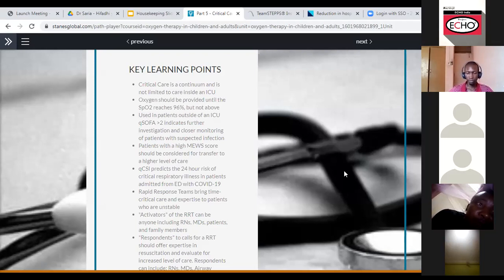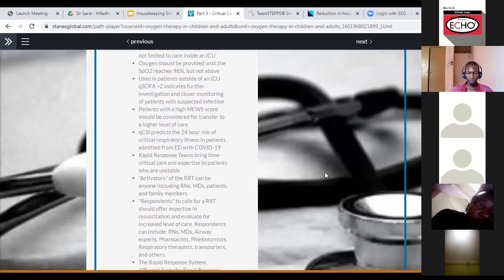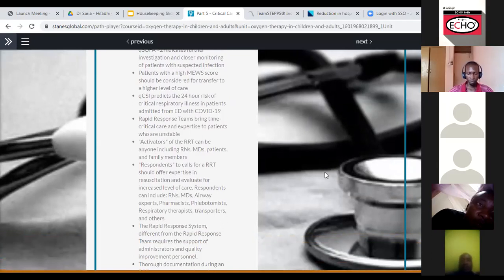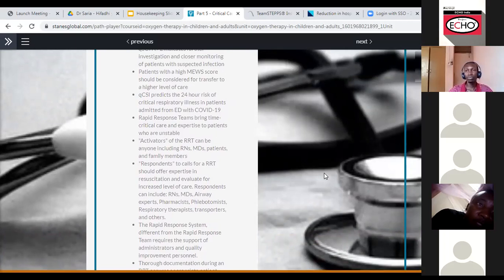We have also discussed the rapid response team in providing critical care and expertise to unstable patients. And again, we learned about the implementation of the rapid response team. So if there's any question?